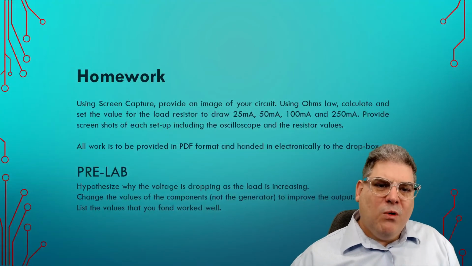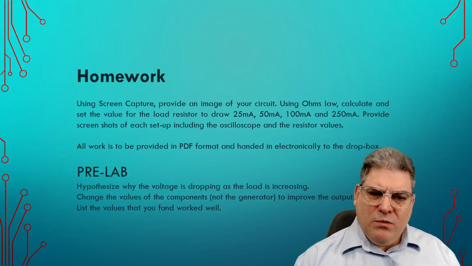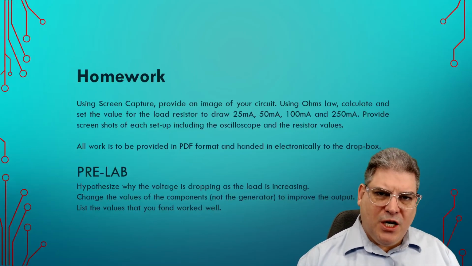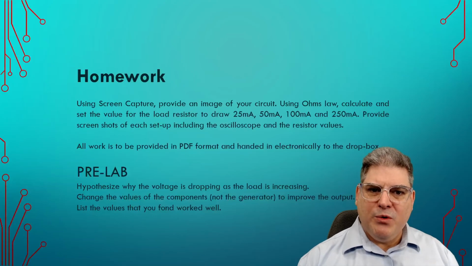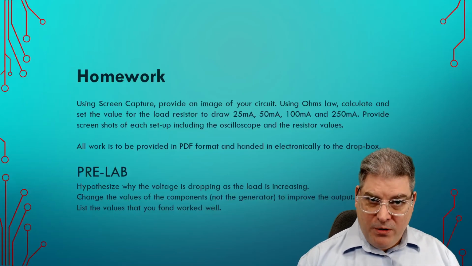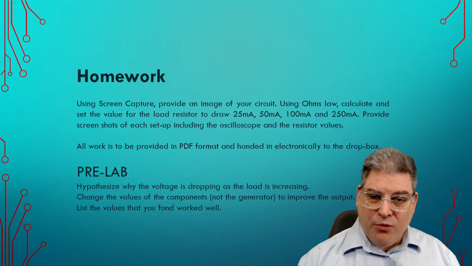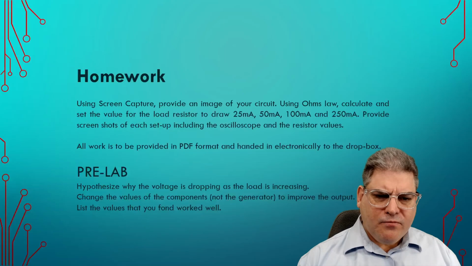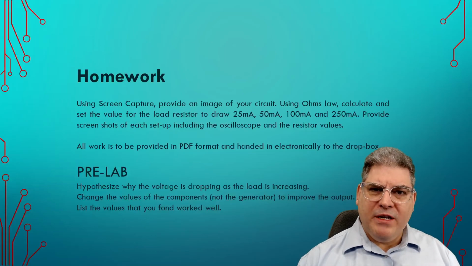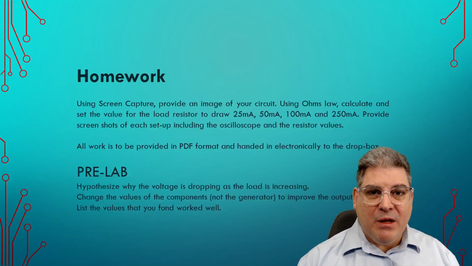Okay, so that's easy enough. Let's talk about your homework for a second. So far you've seen me change a couple things around to make sure that the LED was running. We've all seen that our circuit runs, and we're right now producing load through the load resistor at 3.3 milliamps. I would like you, with this design, to modify that load resistor so that you get 25 milliamps, 50 milliamps, 100 milliamps, and 250 milliamps.